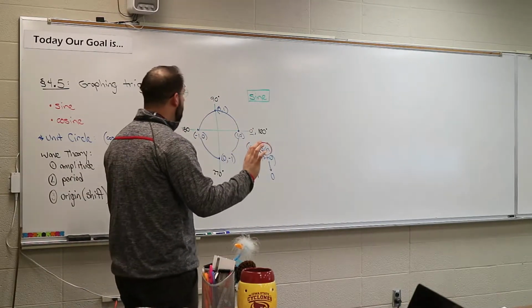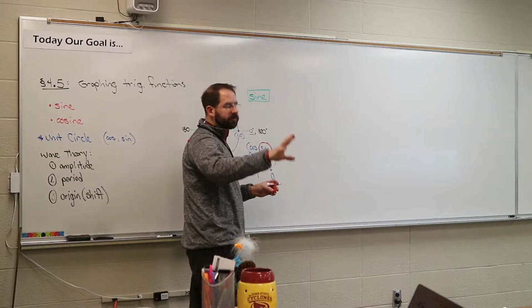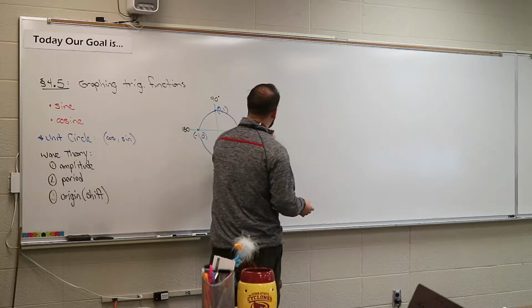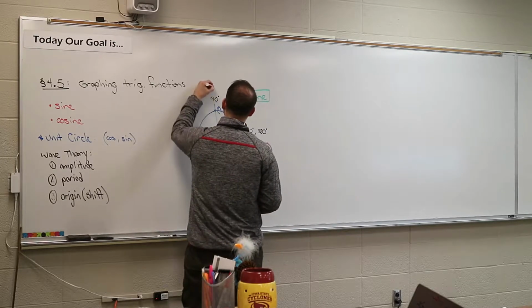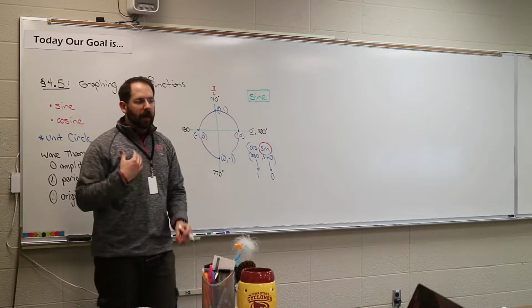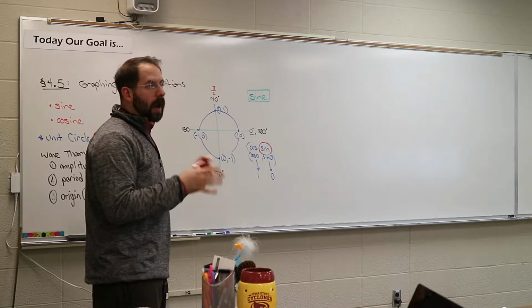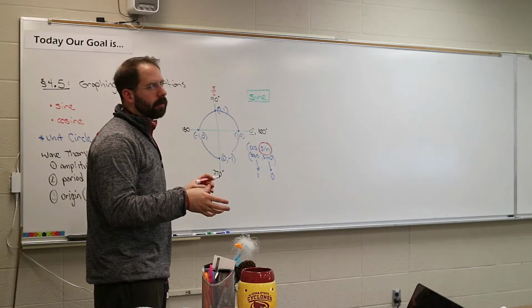I do need to plug in the radian measures here, because I know your unit circles do have radians. 0 degrees is 0 radians, so that one's pretty straightforward. But 90 is also known as pi over 2. How do I know that? Pi, other than being 3.14, in radians literally means 180 degrees.